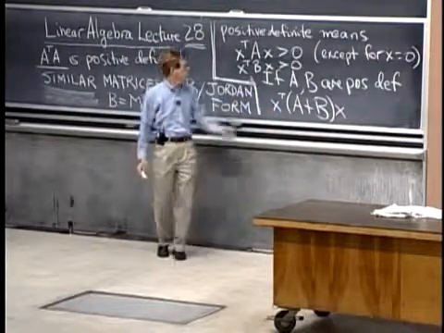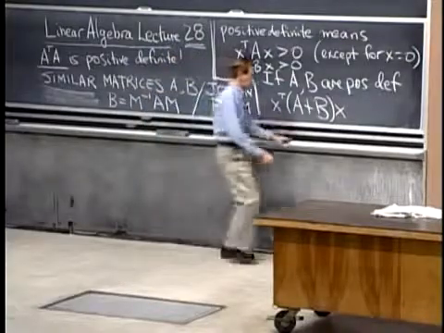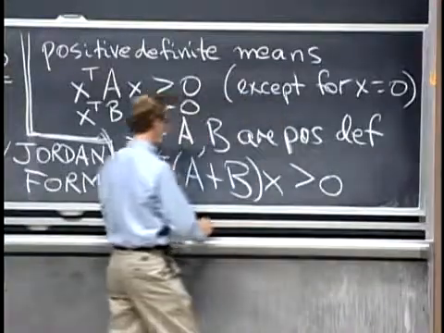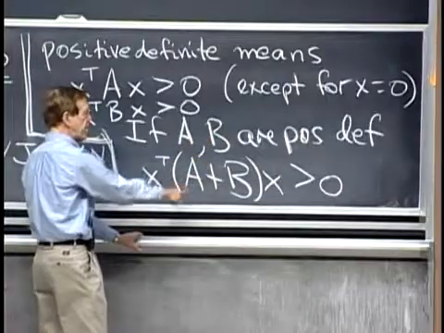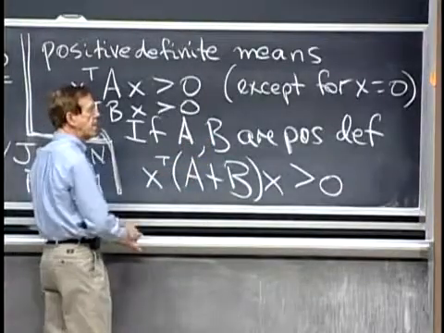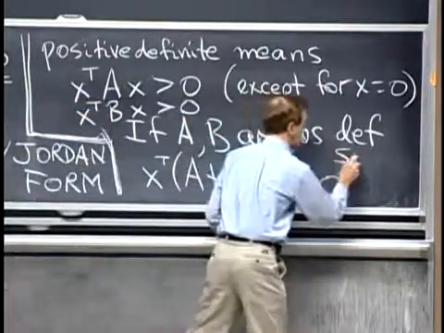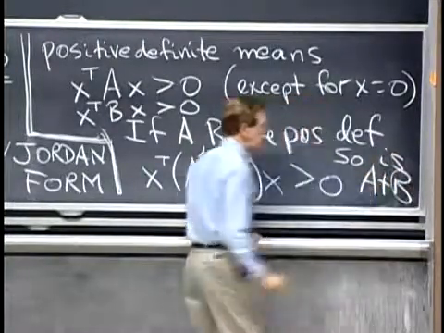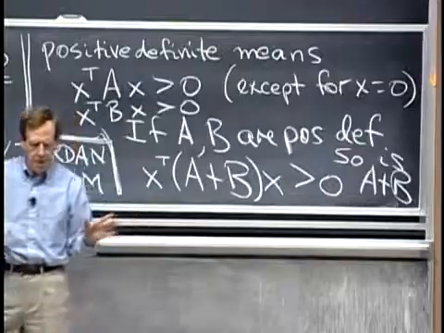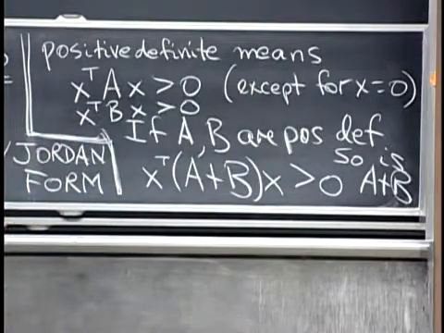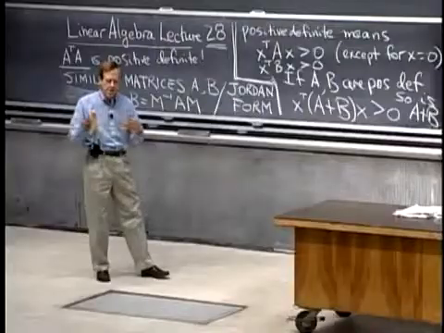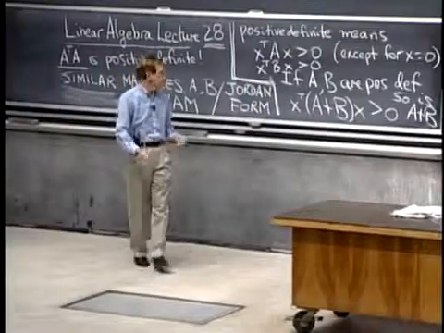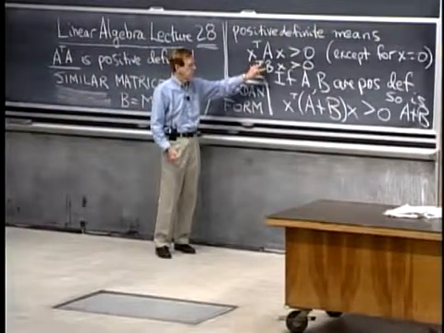And of course, you just add, and we get what we want. If A and B are positive definite, so is A plus B. So that's what I've shown. Just be ready for all the approaches, through eigenvalues and through this expression.